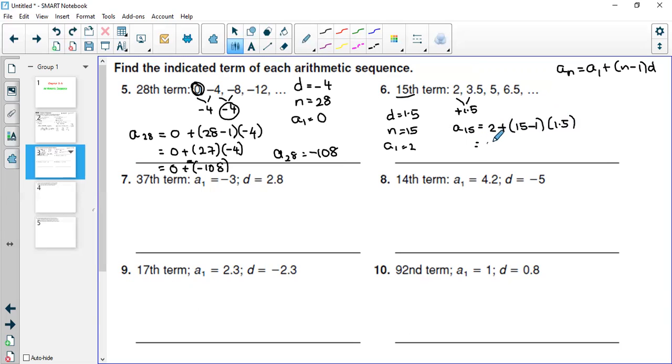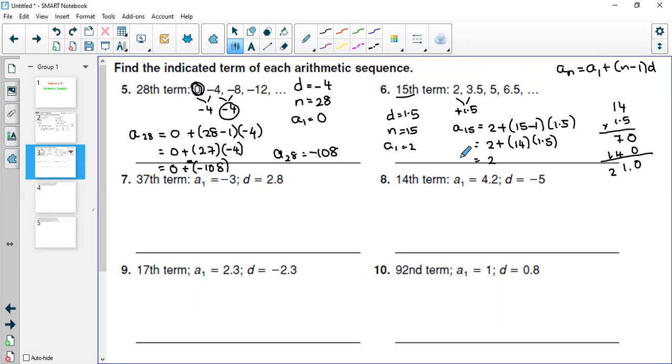Again, let me remind you, you have to solve the one in the parenthesis first. So 15 minus 1 is 14, multiplied by 1.5. Then 14 multiplied by 1.5 would give you, never use the calculator because this gives an exercise for our brain. So avoid using calculators as much as possible.